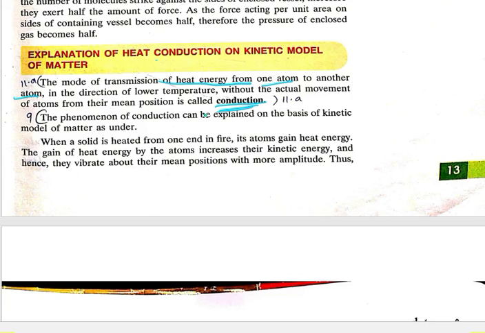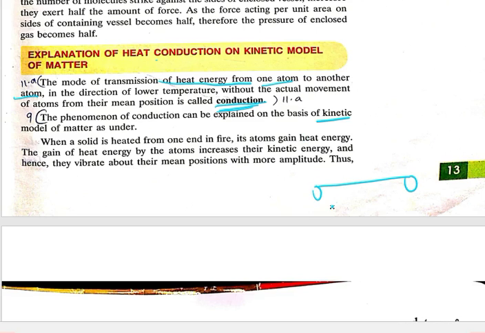The phenomenon of conduction can be explained on the basis of the kinetic model of matter. How? Let us see. When a solid is heated from one end in fire, its atoms get heated.